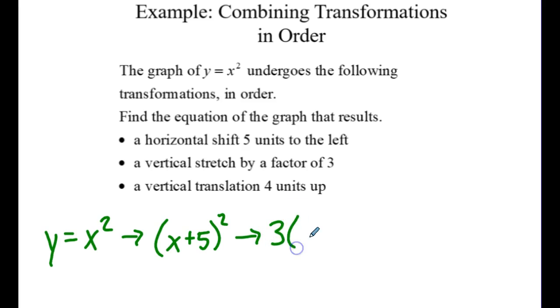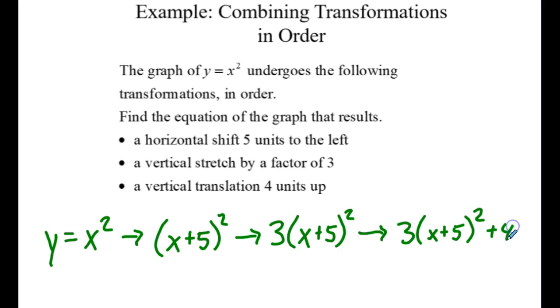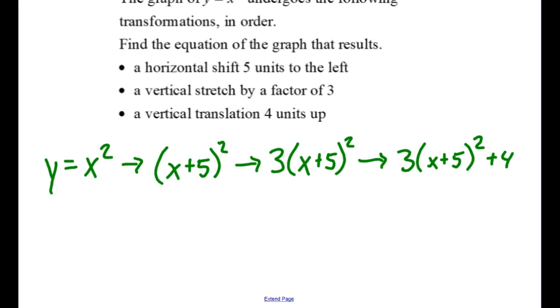So we have 3 times the quantity x plus 5 squared. Then a vertical translation 4 units up would have plus 4 at the end.